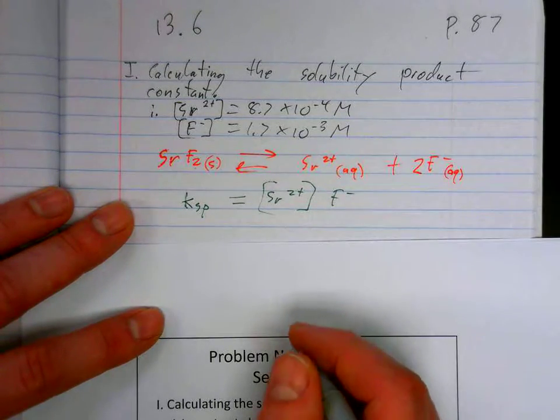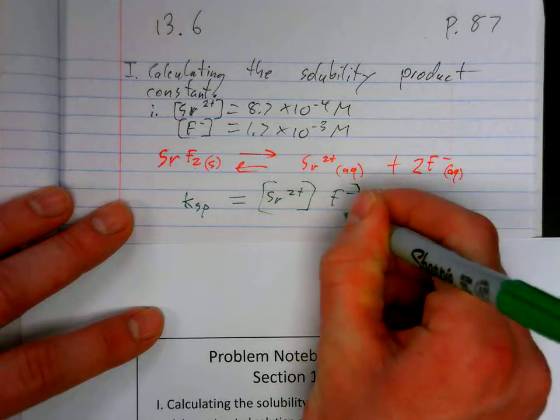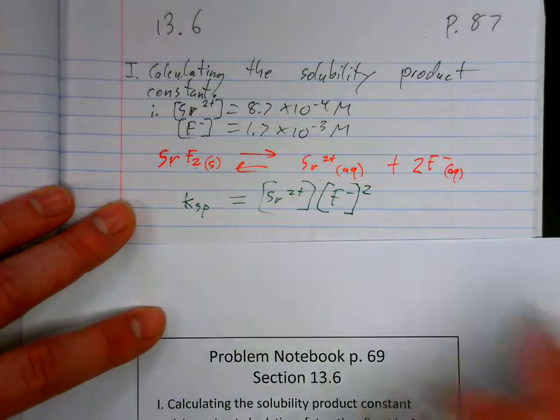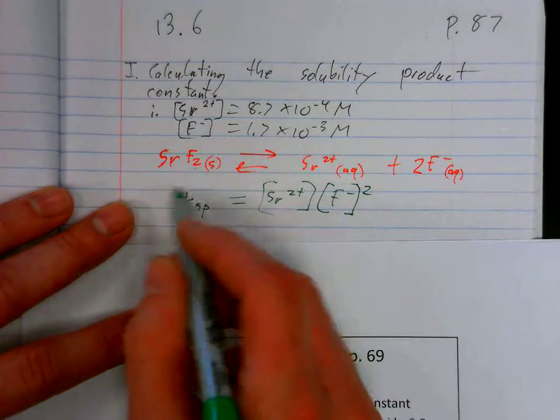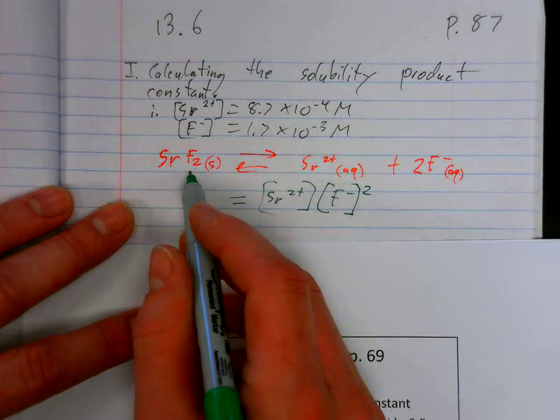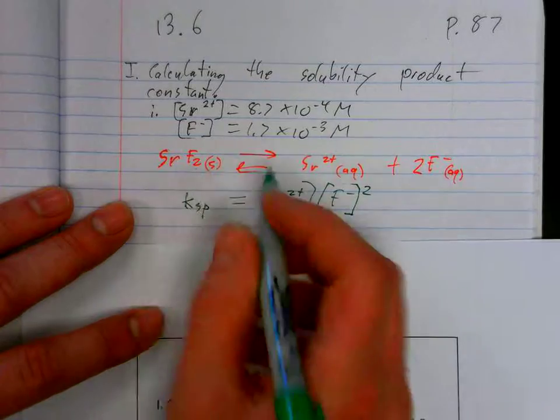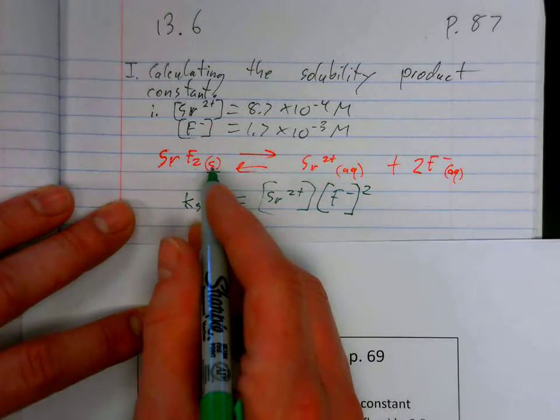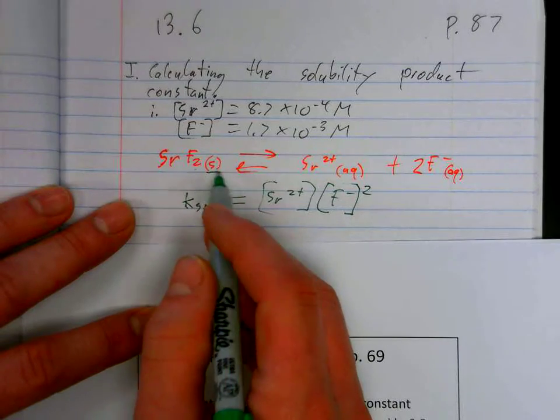Now do we need to divide this by the SrF2? Well, no, because that's a solid. Look at the state of matter. Remember, we don't include pure solids or pure liquids because their concentration is constant. So we set their concentration as equal to 1, and it drops out.